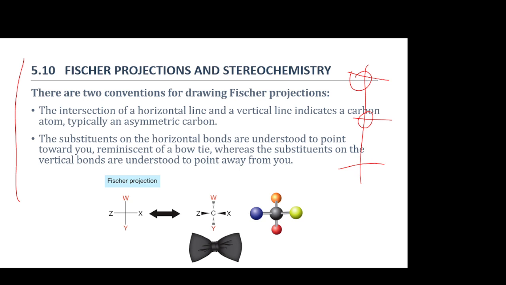The substituents on the horizontal bonds are understood to point towards you. They're not actually in the plane of the page. The ones going vertically are understood to be going away from you. Okay?